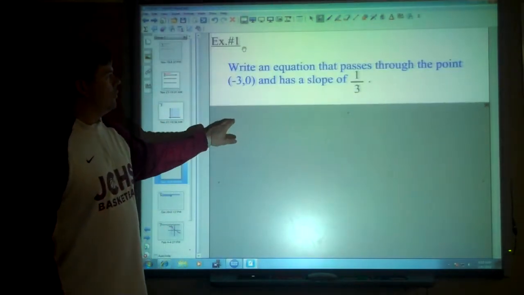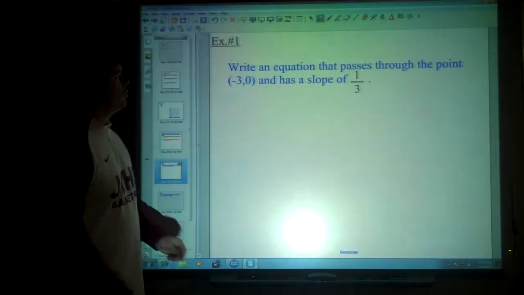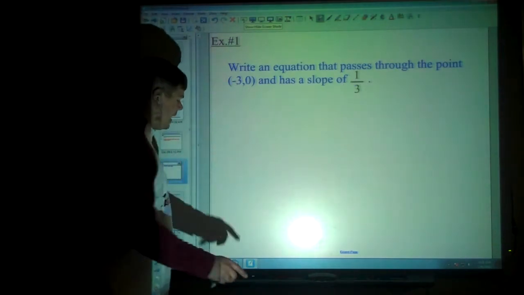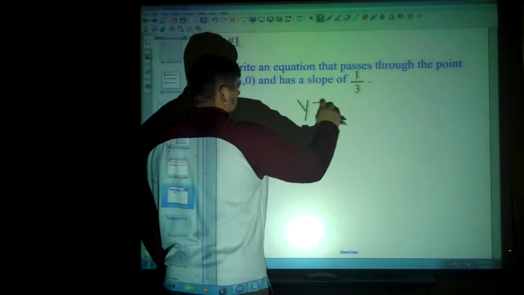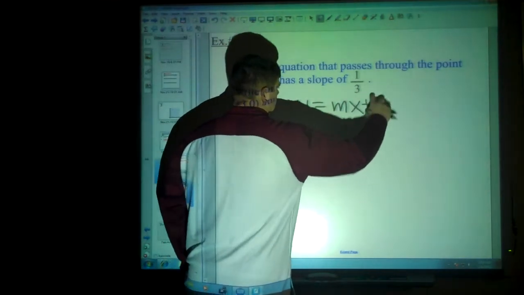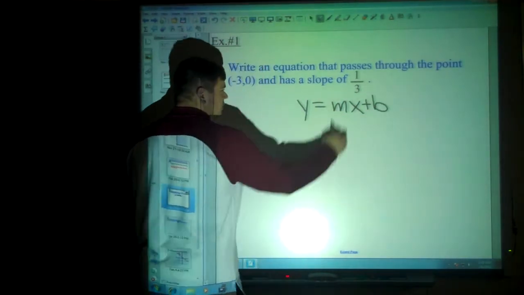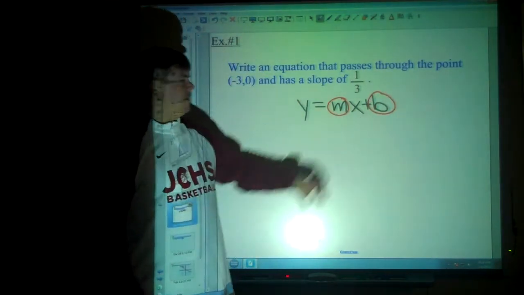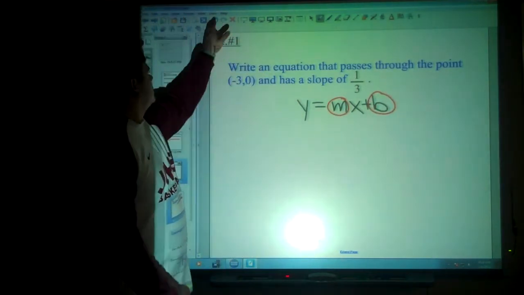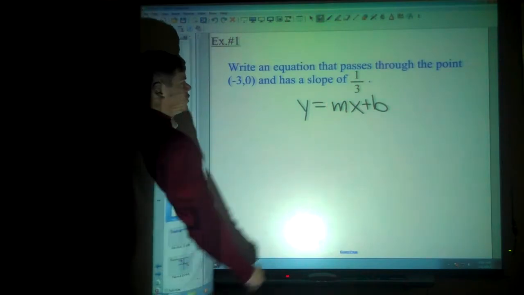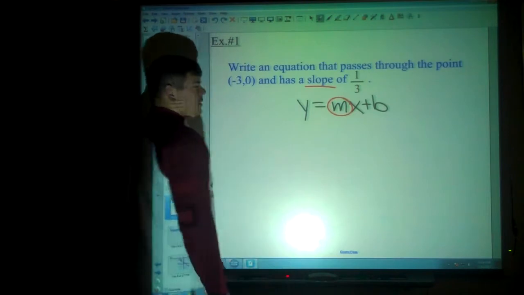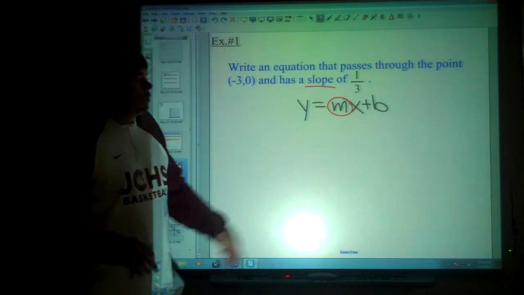So let's take a look at how this might work. Write an equation that passes through the point (-3, 0) and has a slope of 1/3. In the past, we've used y equals mx plus b, and you were given both values and would substitute them in. Today, a little different: you're still given the slope, so you still know this value, but what you don't know is the y-intercept.